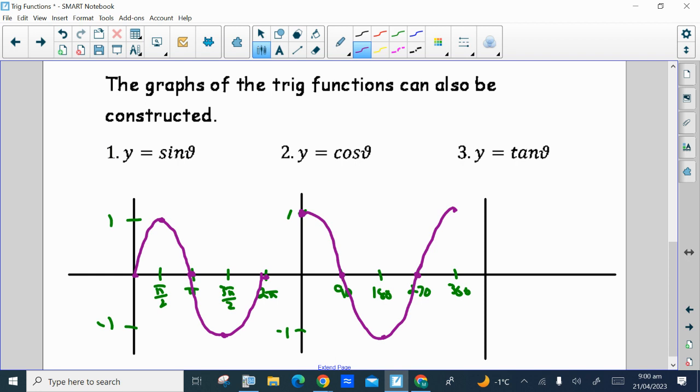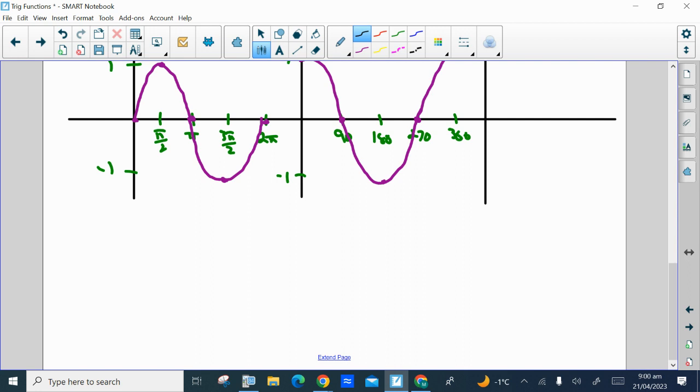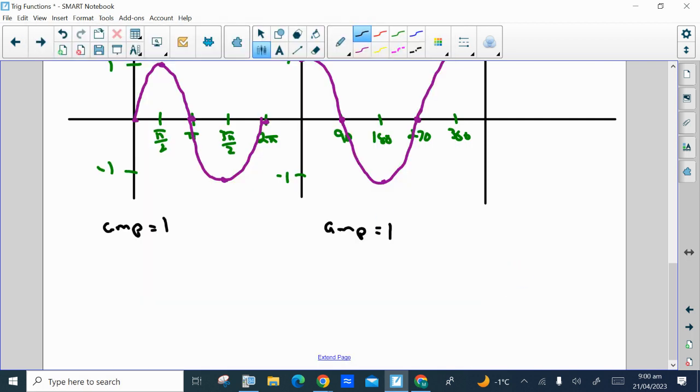So some of the characteristics of these graphs that we talked about was that the graph of sine and cos both have an amplitude of 1. Remember, the amplitude is the distance from the middle to the max or the middle to the minimum. The domain of these graphs were both all real numbers.